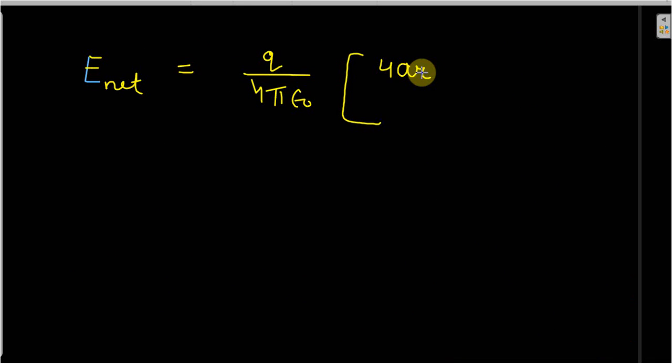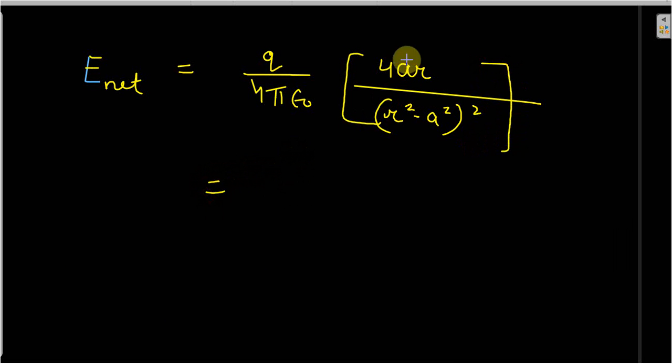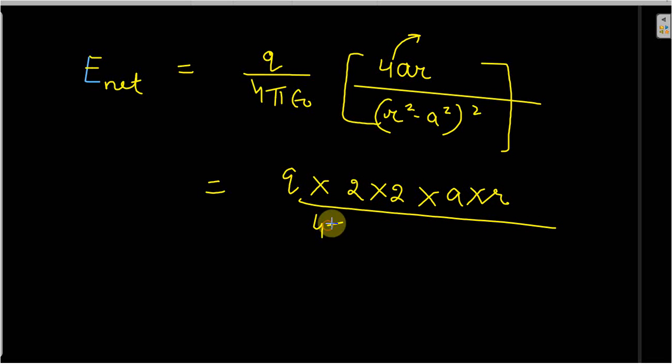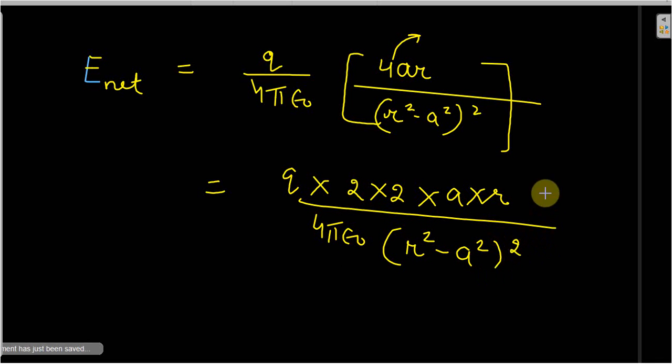So 4AR over (R square minus A square) whole square. In the next step you can write 4 as 2 into A into R, over (R square minus A square) whole square.